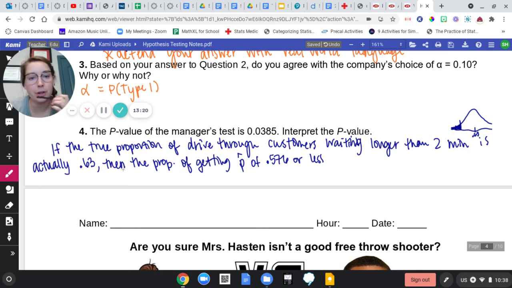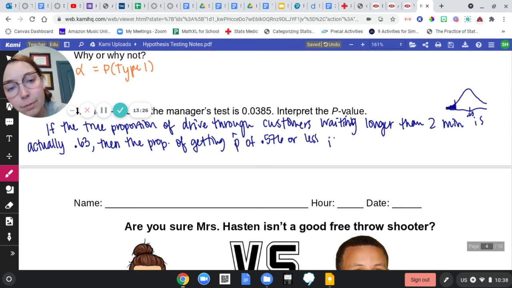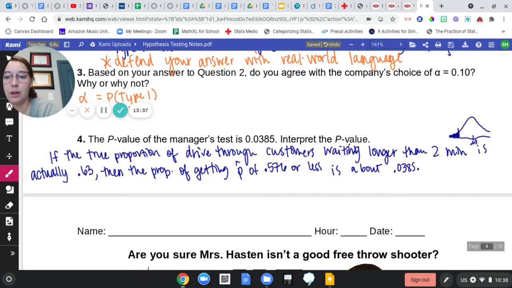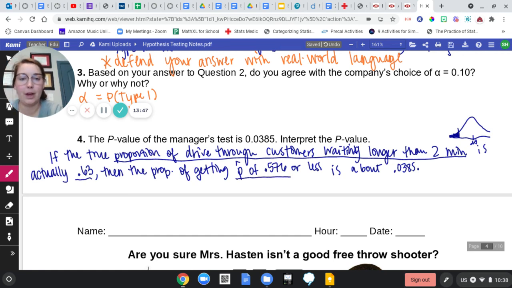If the true proportion of drive-through customers waiting longer than 2 minutes is actually that, then the probability of getting that is about 0.0385. Okay, so if the true this is actually this, then the probability of getting p hat of that or less is about that.